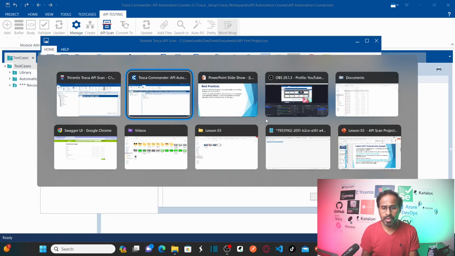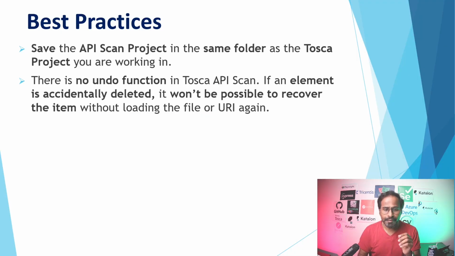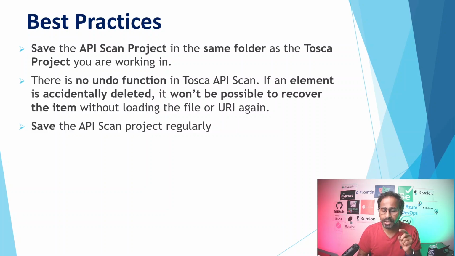So if an element is accidentally deleted, it won't be possible to recover the item without loading the file or URI again. Because there is no undo function available, it is recommended to save the API scan project regularly.